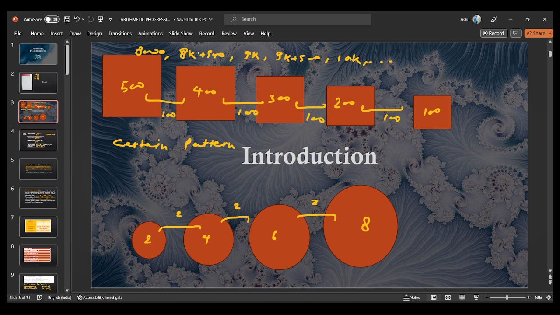Clear? First year, second year, third year, fourth year, fifth year. So it is also useful to understand arithmetic progression.